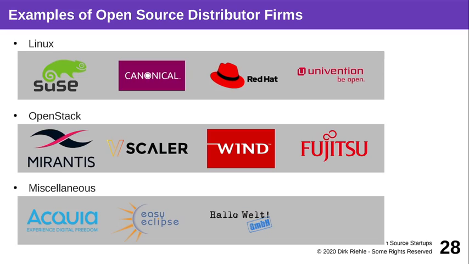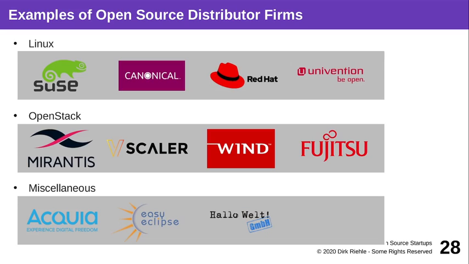Easy Eclipse made the Eclipse IDE, programming IDE, easy to use because, as everyone who ever tried to use Eclipse knows, the plugins that you would load into Eclipse to focus on a particular domain would easily contradict each other and nothing would work. So yes, even a 15 component distribution sometimes makes sense if the integration is so onerous and hard to make work that you really just want to pay someone to take that pain away from you.